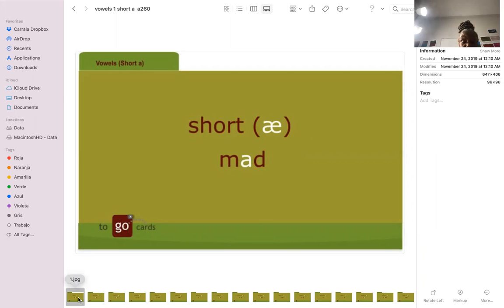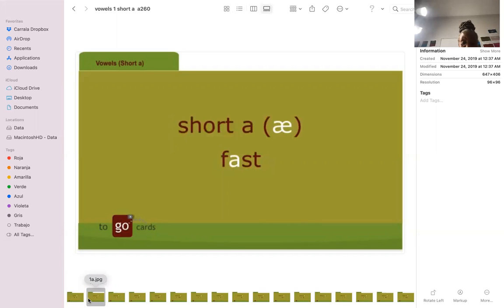Now, if I put an E at the last part of the word, M-A-D-E, the pronunciation would have changed from mad to made, but it's not. There's no E there. And because there's no E there, it's mad. Let me go back. Fast, can.